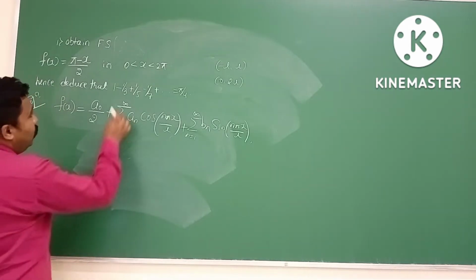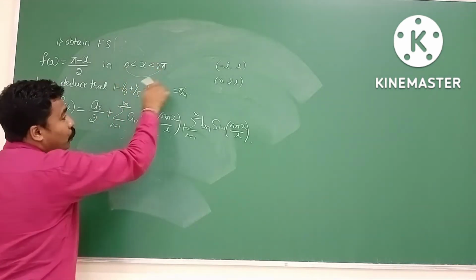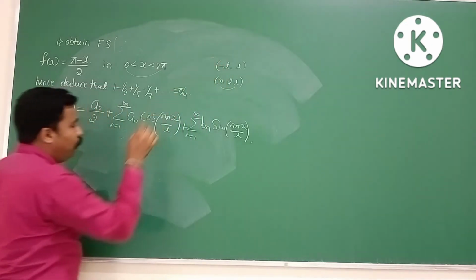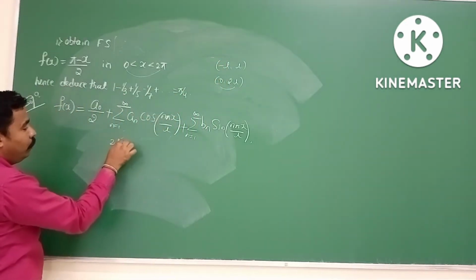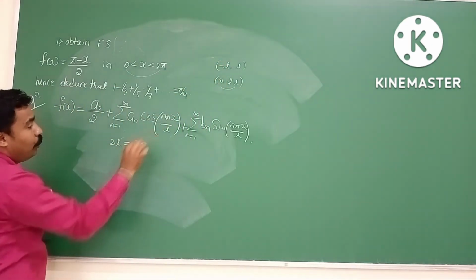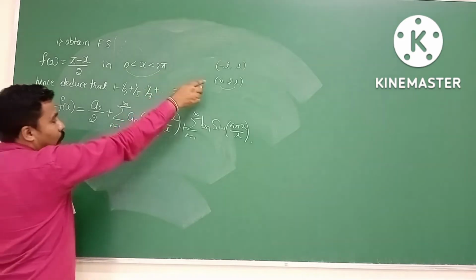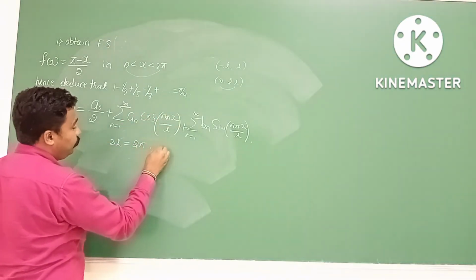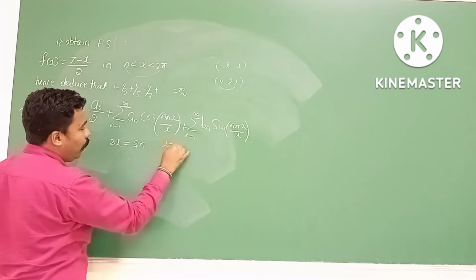On comparison, the given limit is of the form 0 to 2L. Therefore, we can easily find the L value. In place of 2L, we have 2 pi. 2L equal to 2 pi, that means L equal to pi.